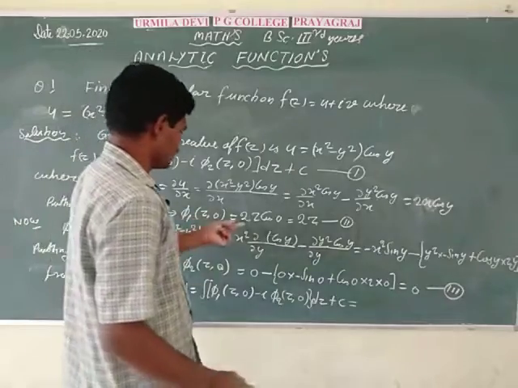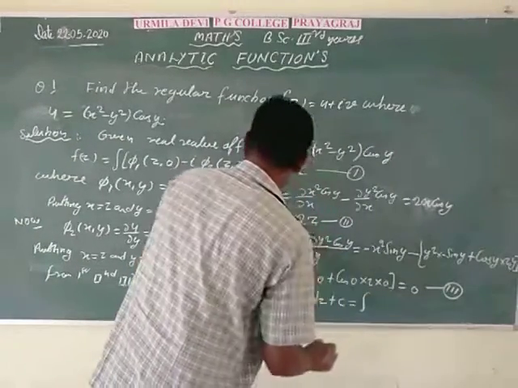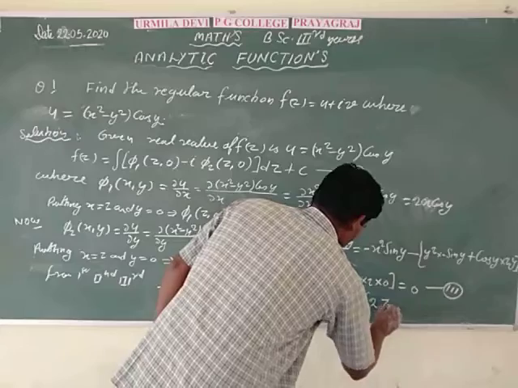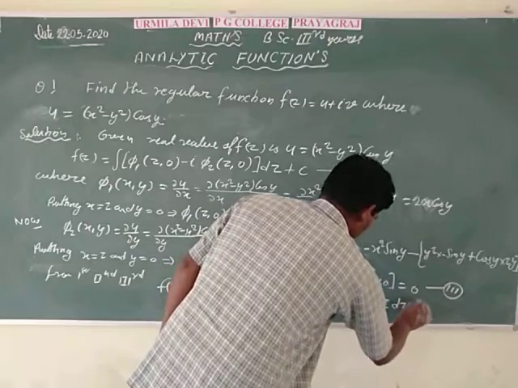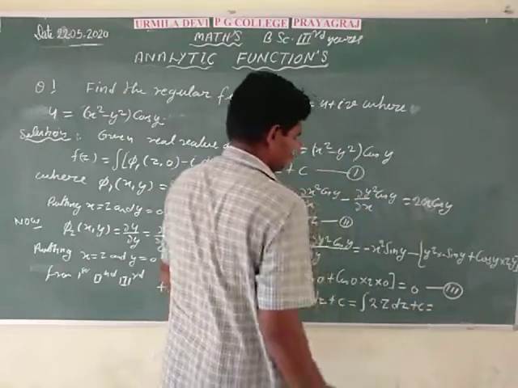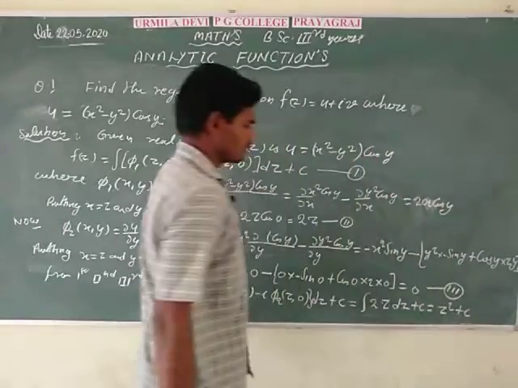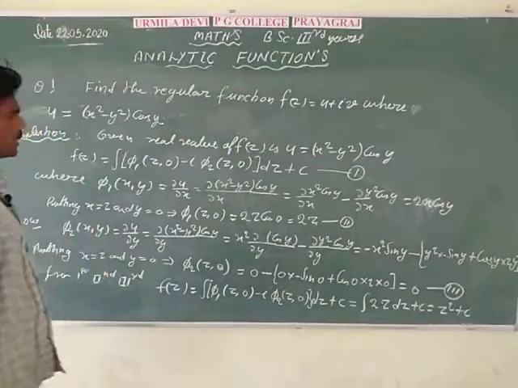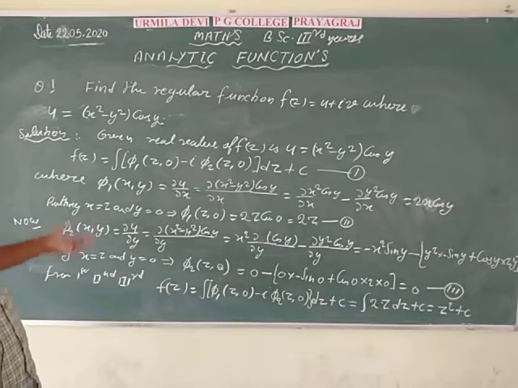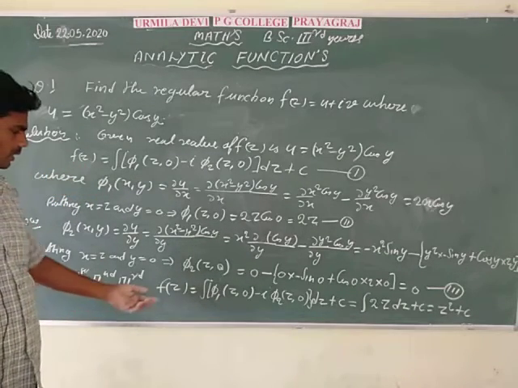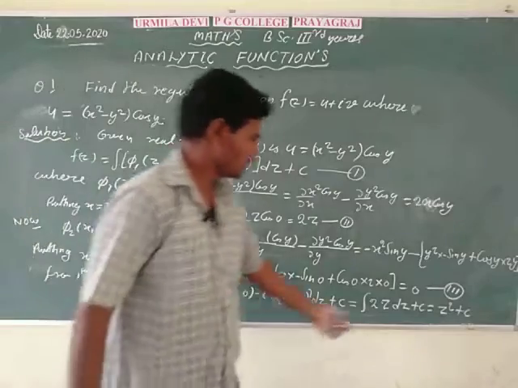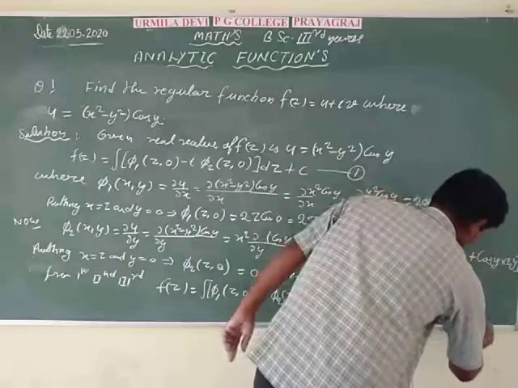So f(z) is equal to the integral of 2z dz plus constant c, which is z² plus constant c. So in this process we find completely the analytic function f(z) is equal to z² + c, which is the answer.